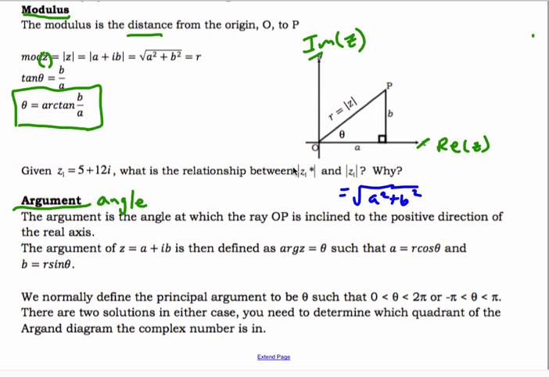And the conjugate is going to be a minus bi. So the modulus of the conjugate is going to be root a squared plus negative b squared. And you can see they're exactly the same, right? Negative b squared gives you b squared. So the modulus of the conjugate and the modulus of the original complex number are the same.